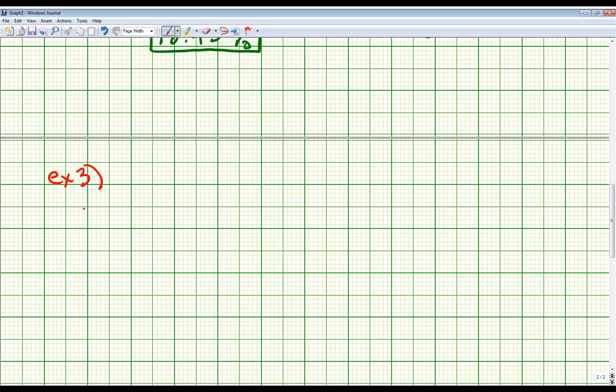So let's jot down what we have. They tell us there's a drought, and it's affecting 9 out of 12 states. So if we wrote that as a fraction, we would have 9 over 12. They want us to write that as a percent.